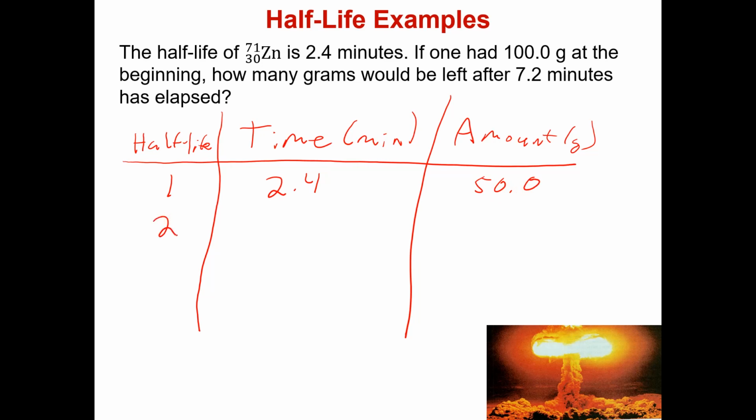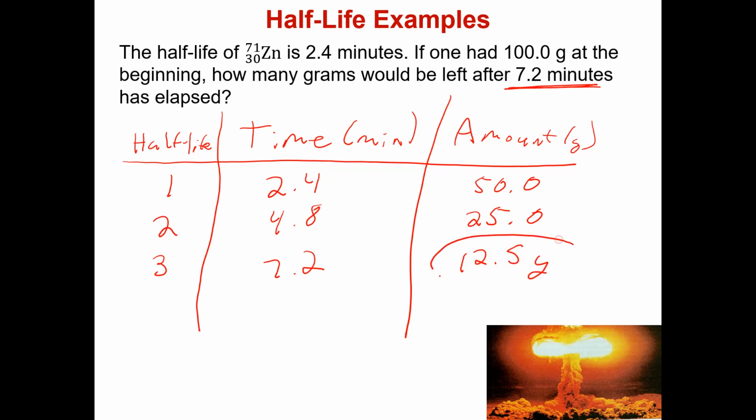After two half-lives, since each half-life is 2.4 minutes, two half-lives would be 4.8 minutes, and I would have half of what I had after the first half-life, so 25 grams. After three half-lives, 3 times 2.4 is 7.2, which is exactly what I was looking for, and after the third half-life, I would have half of what I had after the second half-life, which would be 12.5 grams.